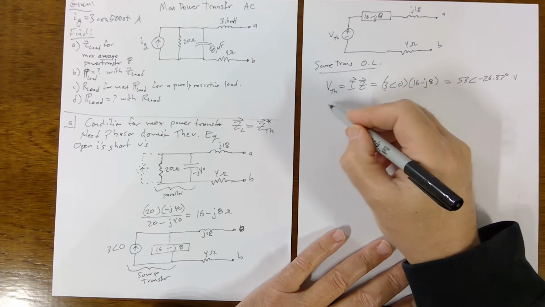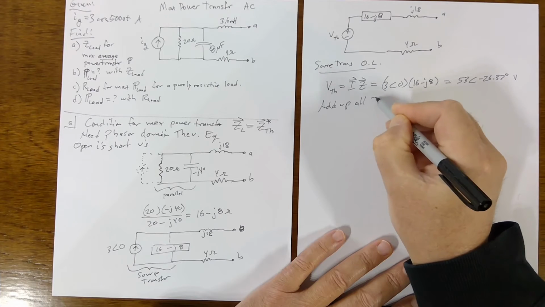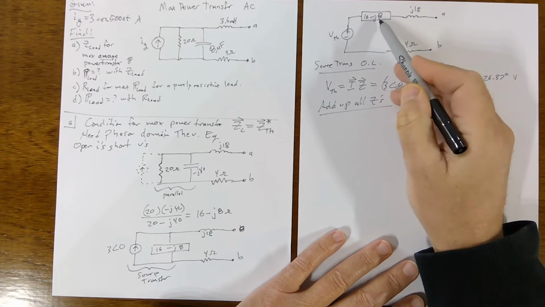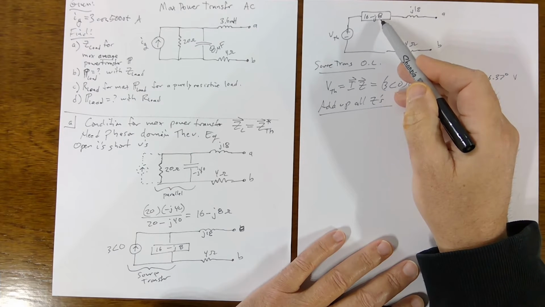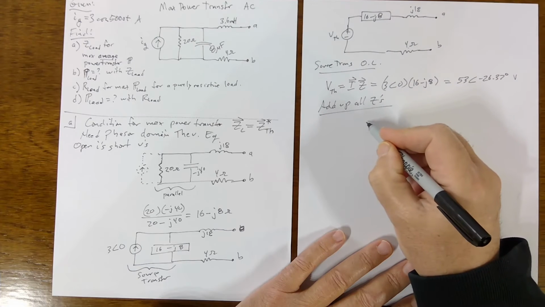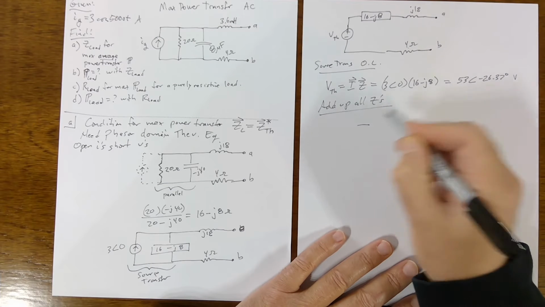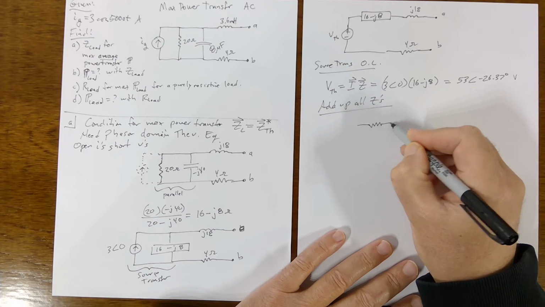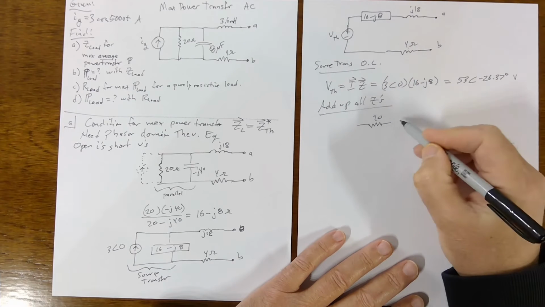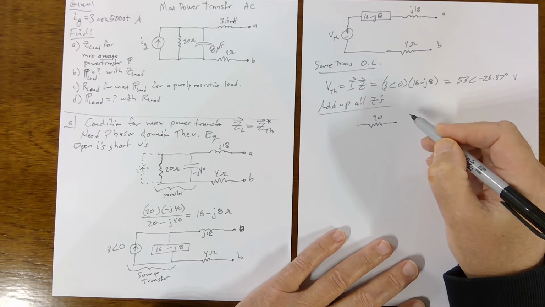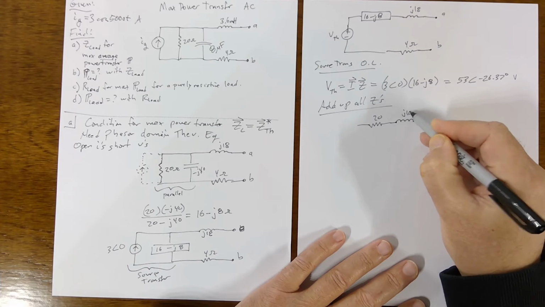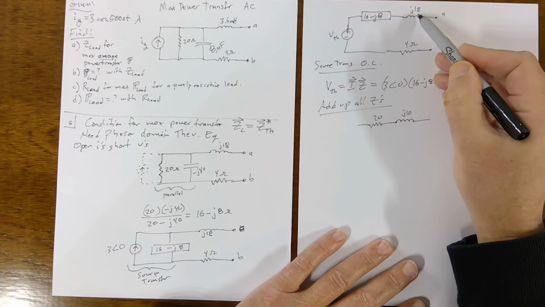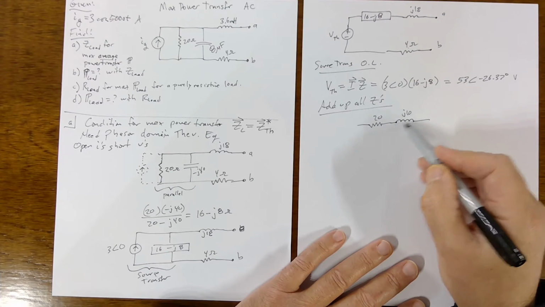And you add up all the Z's, and it's just going to be 16 plus 4 is 20, and then this 18 and minus 8 is going to be 10, so it just looks like this. The 16 and the 4 is just a 20, and this becomes like an inductor, because it's positive 18 minus 8, which is positive 10, which we associate with an inductor.